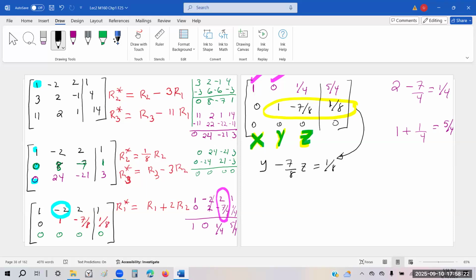From here, we can solve for y by adding the 7/8 z. So we get y equals 7/8 z plus 1/8. This is our y. So y is not independent. It depends on the value of z. Now, from the first line, we get another piece of information.